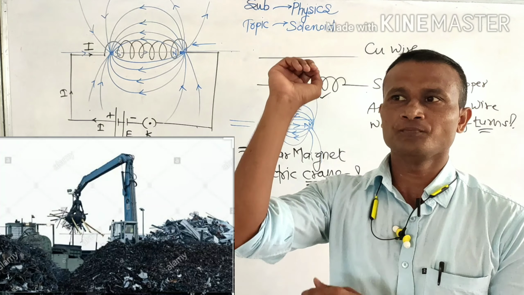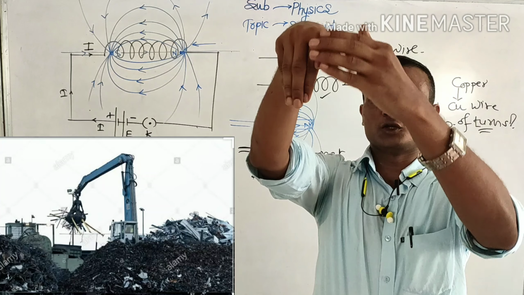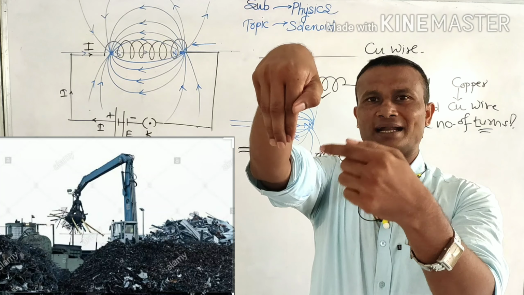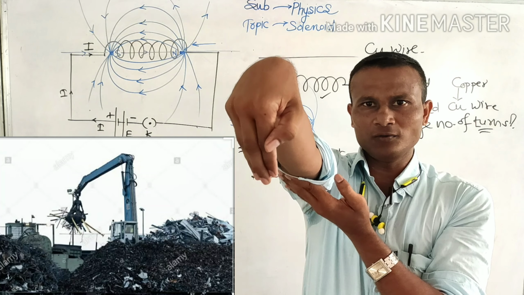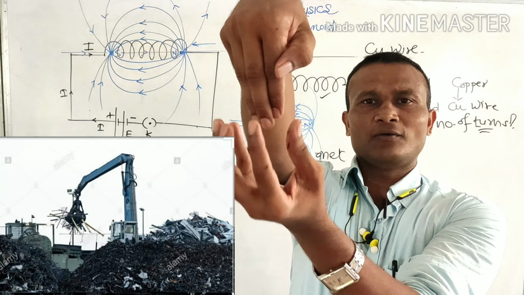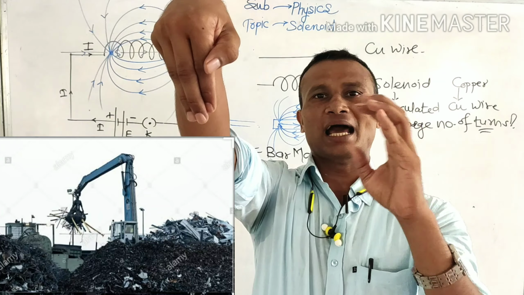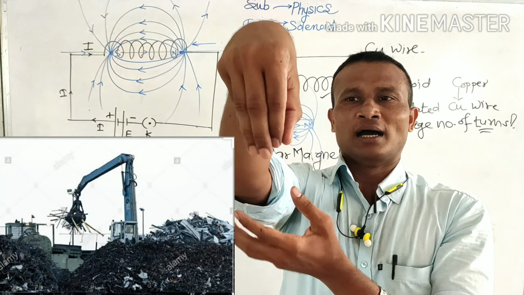How? We pass the current to the nose of the electric crane, and we have a solenoid at the nose, so that will behave like a magnet.